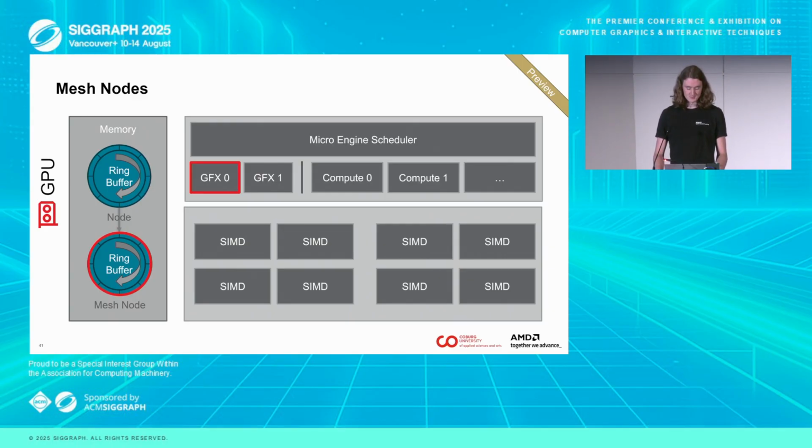So we need to assign all of the mesh nodes to one of those graphics queues. Luckily for us, the graphics queues are more or less similar to the compute queues, so they're also programmed by firmware, and we can use the same logic for scanning all the ring buffers looking for work. But now we have 2 queues running at the same time, one dealing with the compute nodes, one dealing with the graphics nodes.